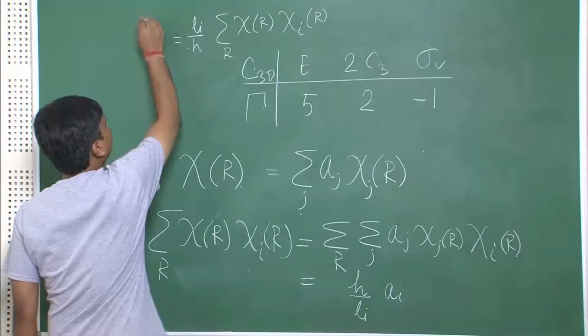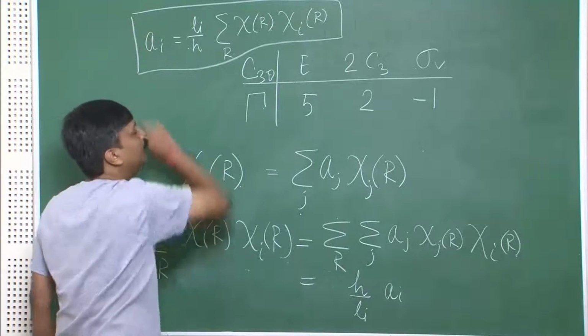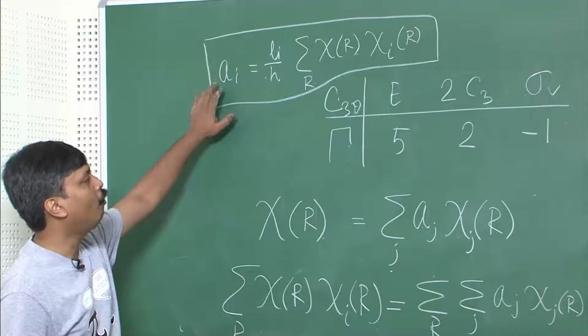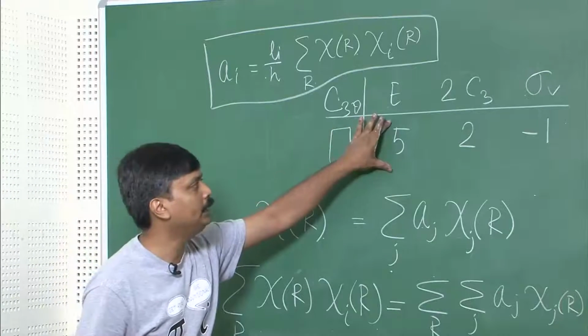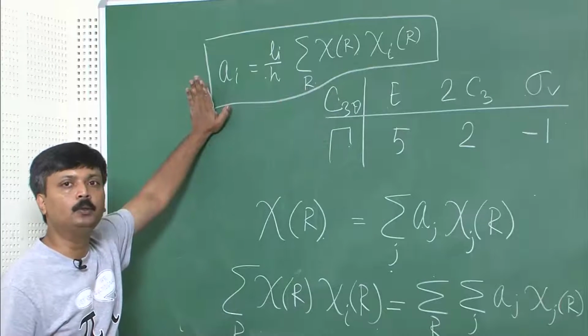So this is a very useful relation for us. This will tell me, if I form any representation such as this and try to reduce it, so this will help me doing that job.